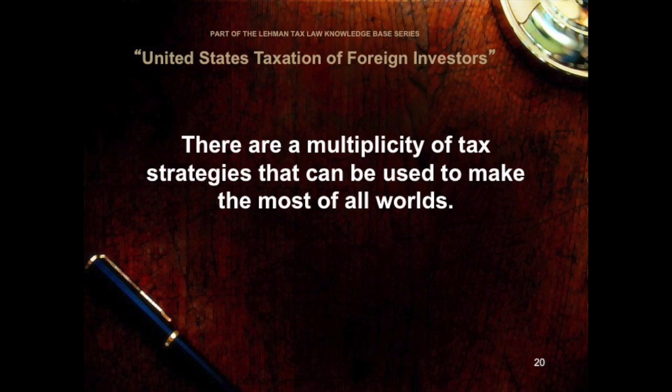You're not going to want to spend $10,000 to put a structure together to save $500 a year on a few dollars of interest income that's coming out. So we'll see these different available entities, how they're used, what their advantages are, what their disadvantages are.